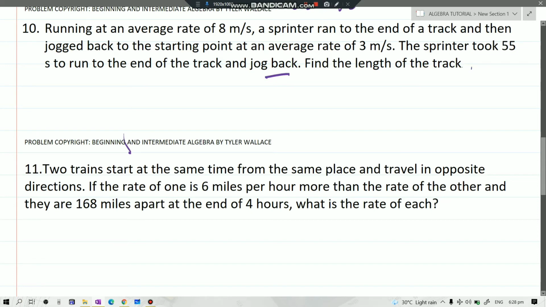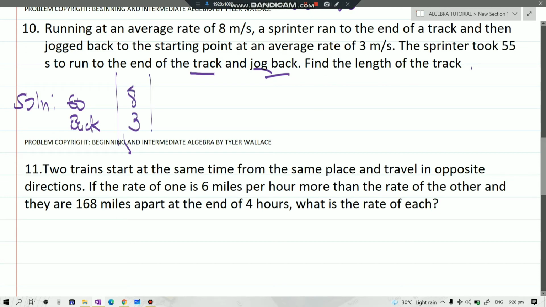So, to find that, we have solution. So, let's make it go and back. So, sabi naman kasi, nag-run siya sa end ng track and pabalik. So, ano yung rate nilang dalawa? Ang rate nilang dalawa is 8 and 3. Okay?